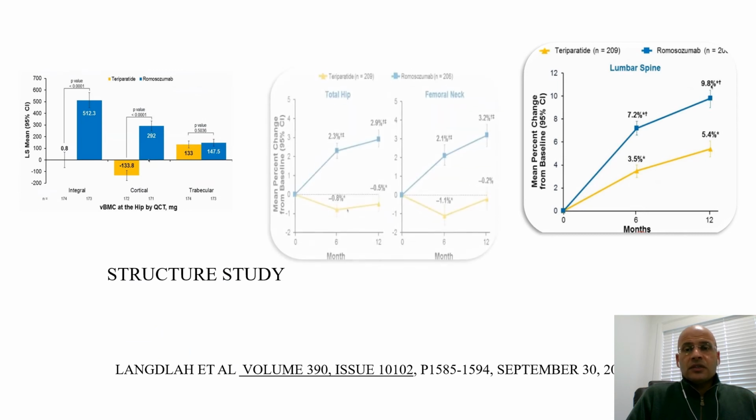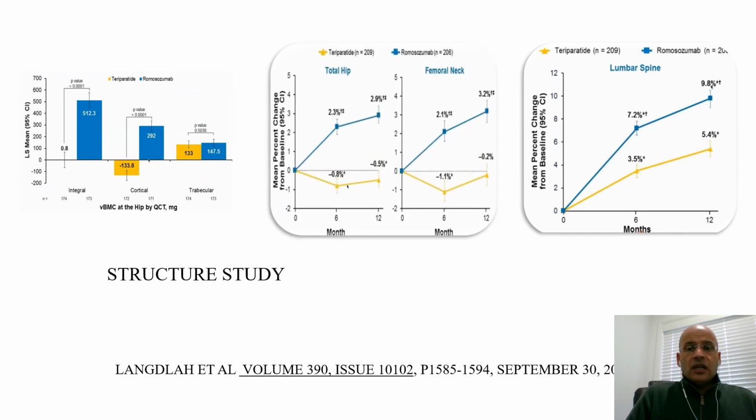This is a structural study that essentially showed you start with alendronate, and then you switch over to romosozumab, the blue line, or teriparatide, and you could see, I hope you appreciate, in the total hip, there was loss in bone mineral density by about 1% in the teriparatide group. That was not the case with romosozumab. In the lumbar spine, there was continuous gain in the BMD. So that's one thing we have to bear in mind.